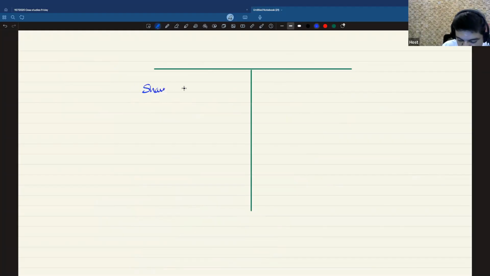They have share capital of, let's say, 100 crore. They have reserves and surplus of 150 crore. They have term loan of, let's say, 250 crore.